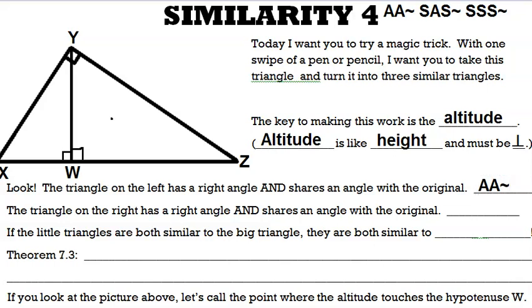Now, if you look at triangle 2 on the right, angle Z is on triangle 2, and it is also on the original. So again, there's another angle that they share. So that means triangle 1 is similar to the original. Triangle 2 is similar to the original. And if both triangles are similar to the original, then that means they are also both similar to each other.